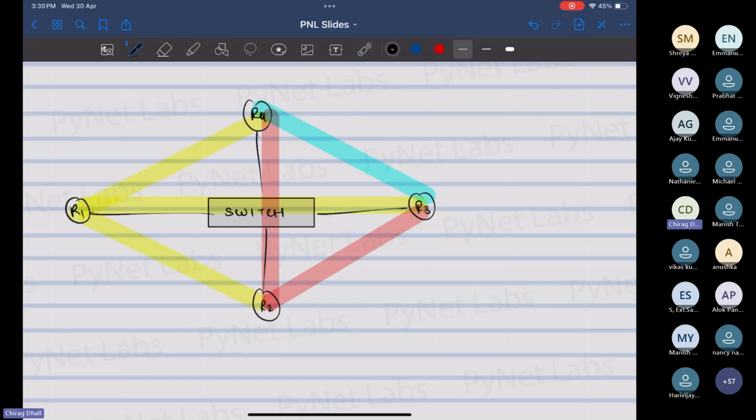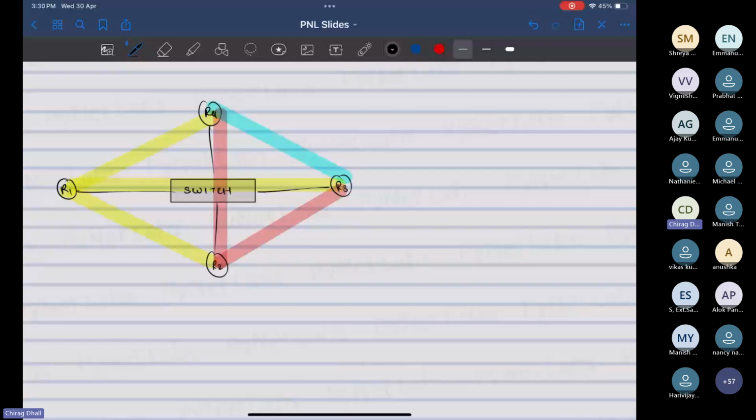The formula to calculate the number of neighborships required is n multiplied by n minus 1, divided by 2, where n represents the number of routers. So if I have 4 routers, how many neighborships would be required? 4 multiplied by 3 divided by 2, 12 by 2, that means 6 neighborships.